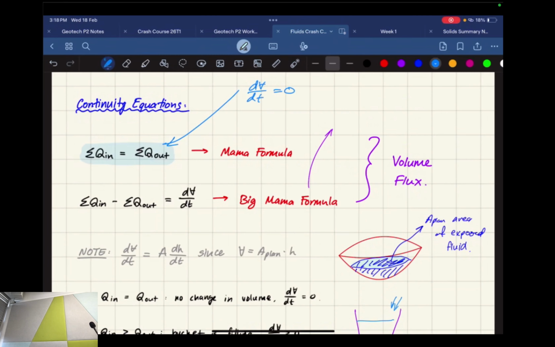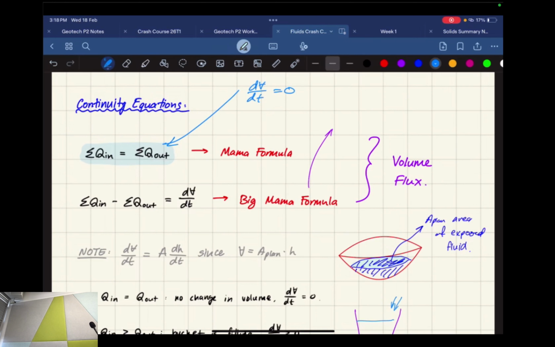You have some water going in, let's call this Q in, and some going out, let's call this Q out. That first formula is for when your change in volume is 0. So the amount of water in this bucket doesn't change, which means these two have to be balanced out. The amount of water flowing in has to be equal to the amount of water flowing out.